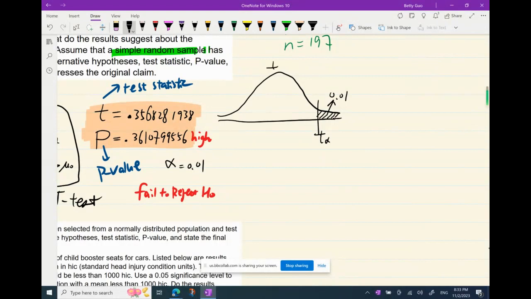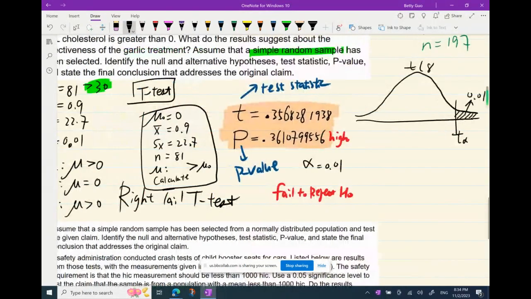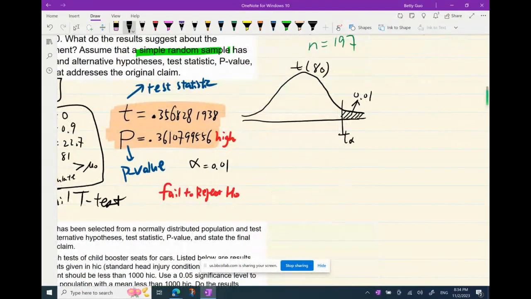This is t80, because the sample size is 81. Degrees of freedom is 80. So if we go to inverse t function, we are able to find the critical value.